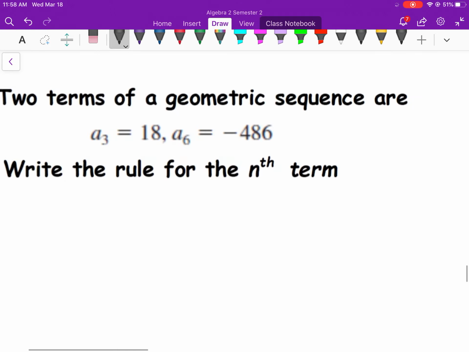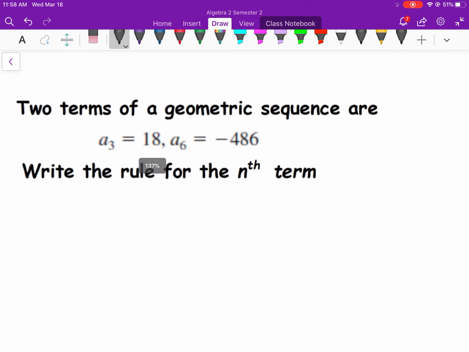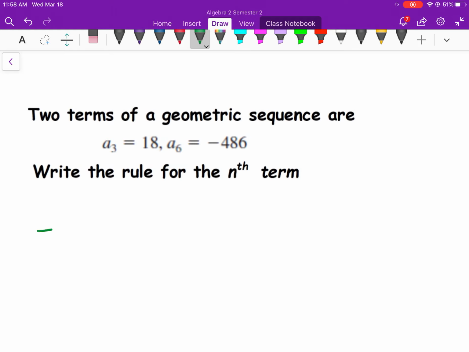Okay, so again, same idea. We're given a3 and a6. So a3 is 18, and a6 is -486. I would have to multiply by r, multiply by r, multiply by r, 3 times.